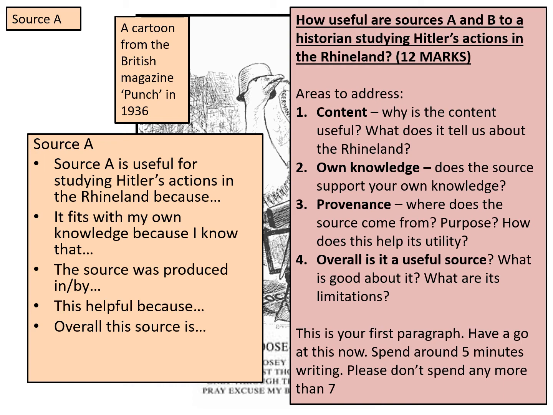What you're next going to do is you're going to tell me, well, how is that supported by your own knowledge? So again, I've done a little starter sentence for you. It fits with my own knowledge because I know that, and you're going to tell me what you know about German rearmament and the remilitarisation. You might tell me about what you know about the blunder bit there. You might tell me that Hitler told his generals to retreat and pretend it was all a big mistake, that they were pretending that this wasn't a big deal.